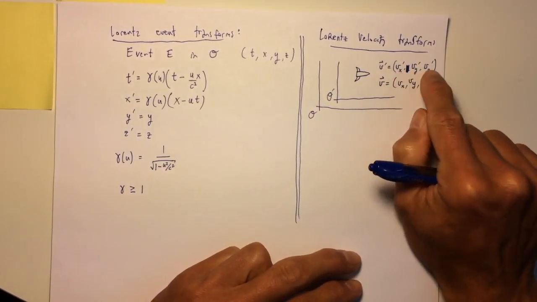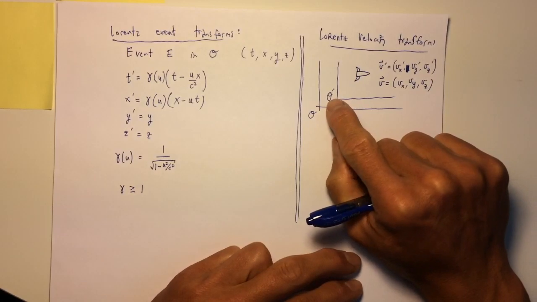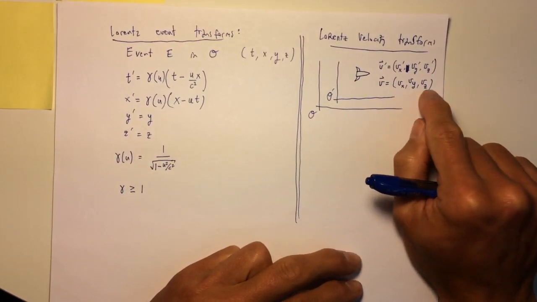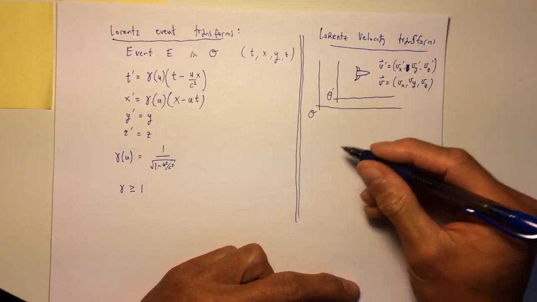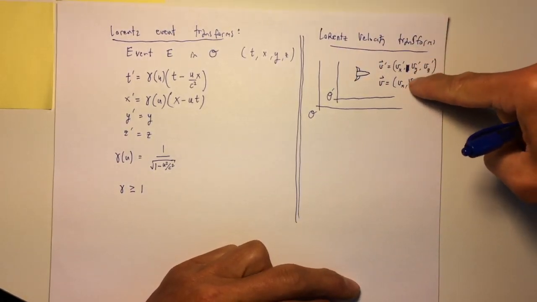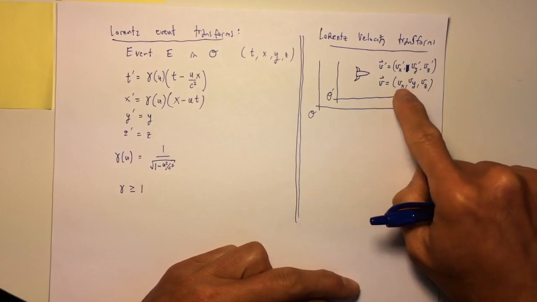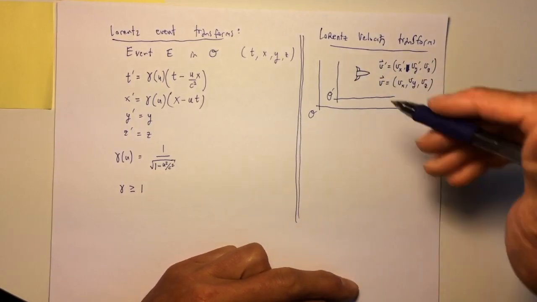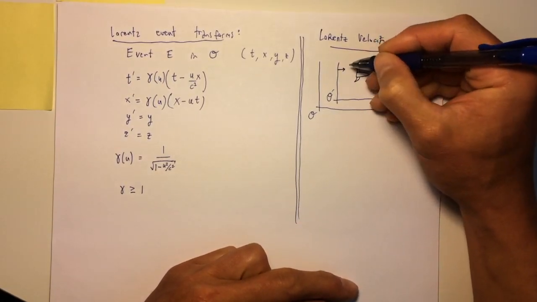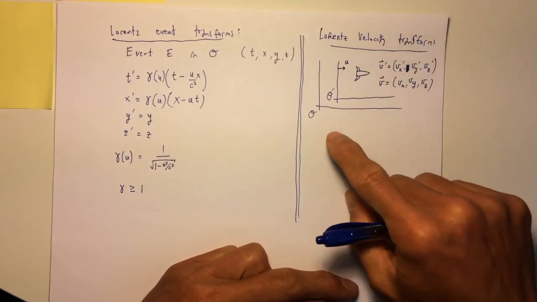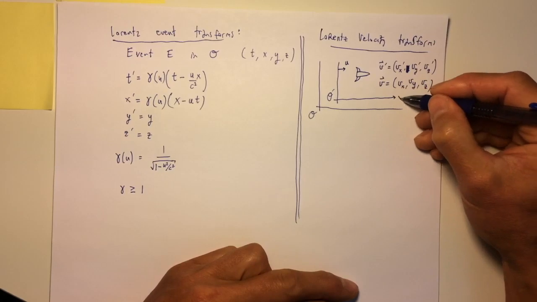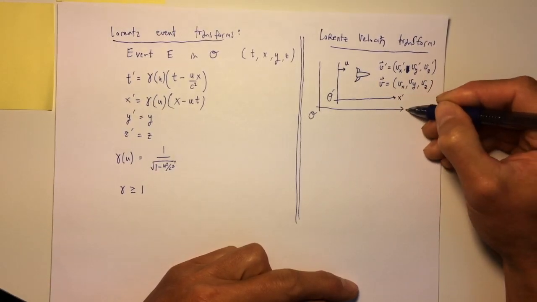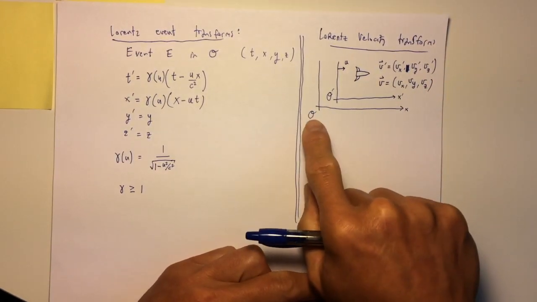So there's the primed information, that would be measured by O prime, and the unprimed information, that's measured by O. And so the Lorentz velocity transforms are going to connect these 6 pieces of data. The relative motion of the frames is that O prime moves in the positive x direction in O, right?